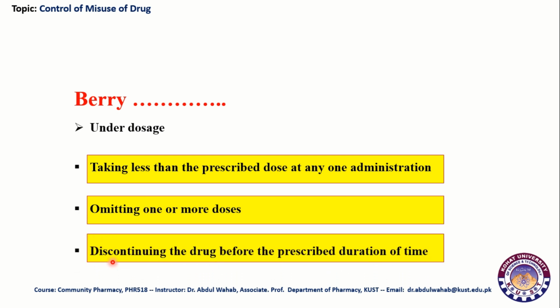Berry says discontinuing the drug before the prescribed duration of time. If a doctor prescribes a medicine for 1 month and the patient discontinues it after 50 days, it will result in underdosage, which according to Berry is misuse of drug.